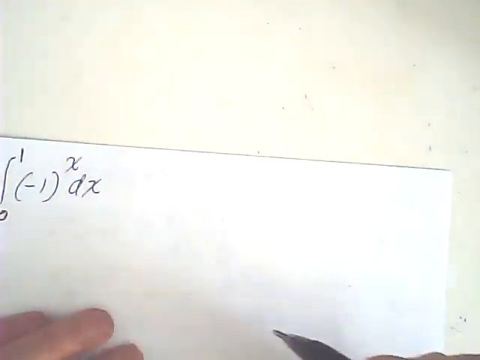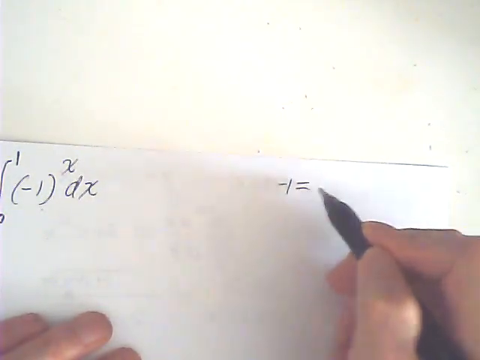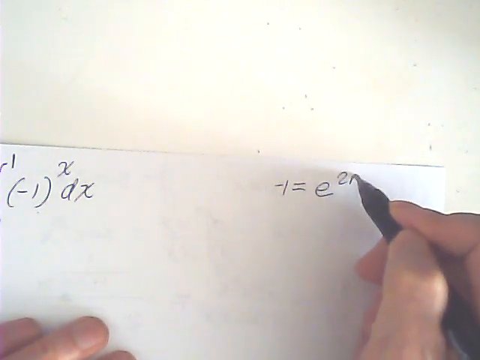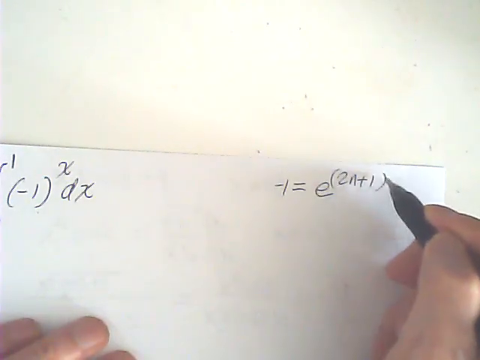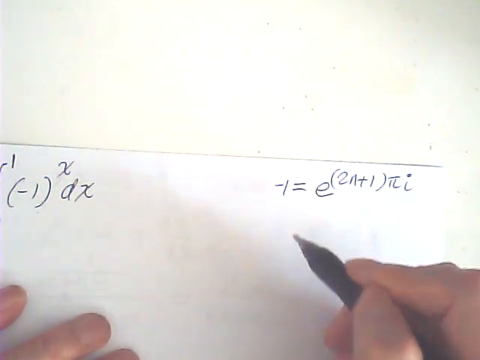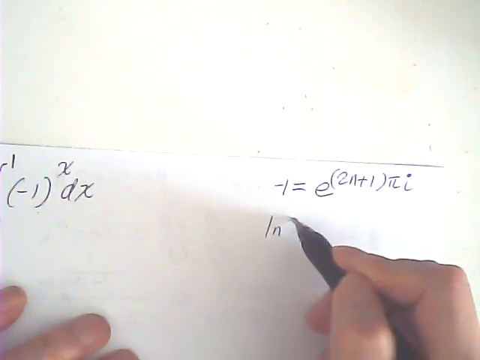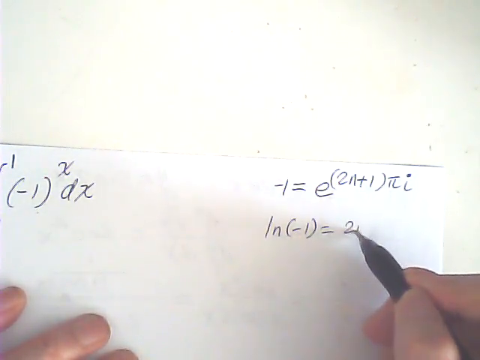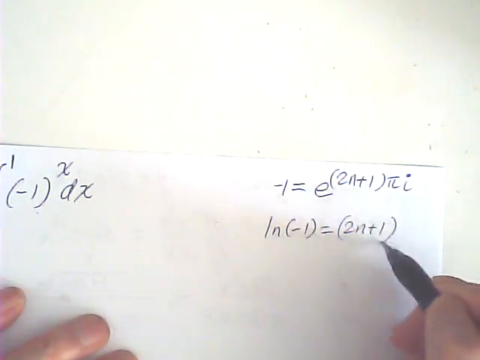So negative 1 is equal to exponential (2n plus 1) pi i. Therefore, log of negative 1 will be equal to (2n plus 1) pi i.